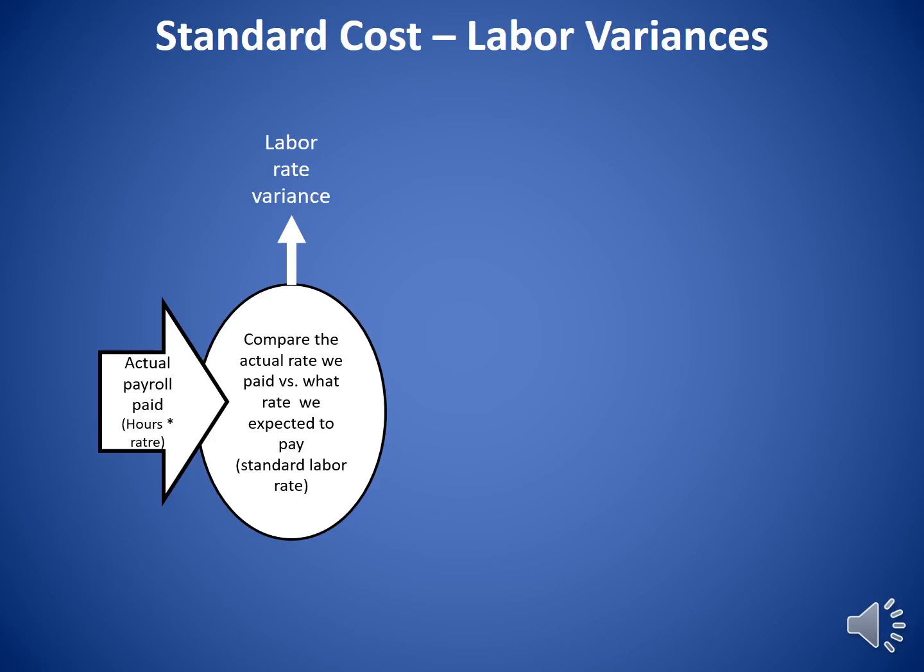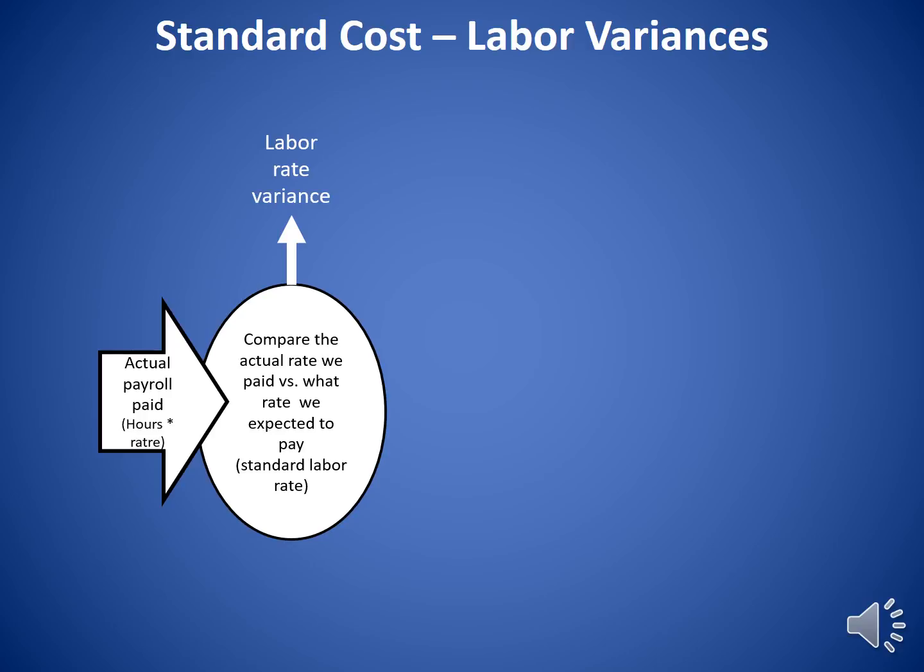And when we do that, we compare the actual rate we paid them in payroll versus what we had expected to pay them, in other words, our standard labor rate. So we compare what we actually paid them per hour versus the standard rate we expected to pay them per hour. The difference between the two is going to result in a labor rate variance, and that labor variance is going to be removed from our cost flow through inventory.